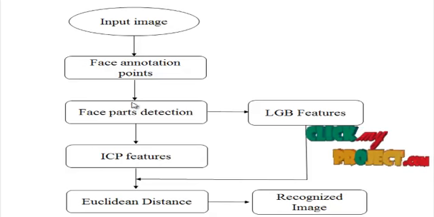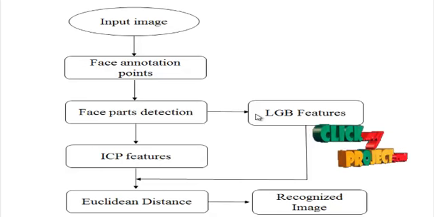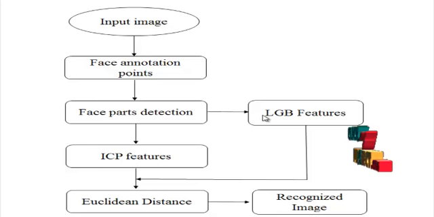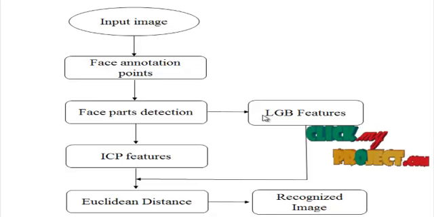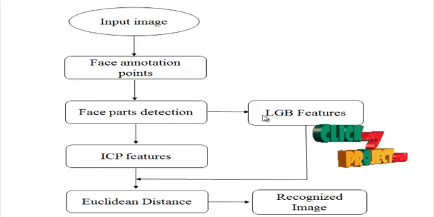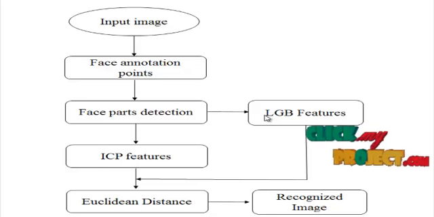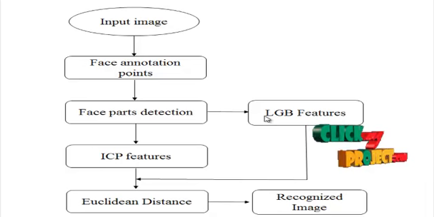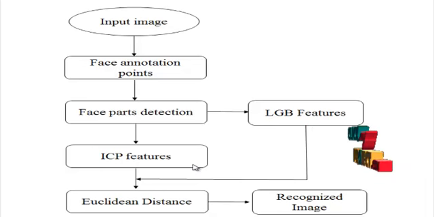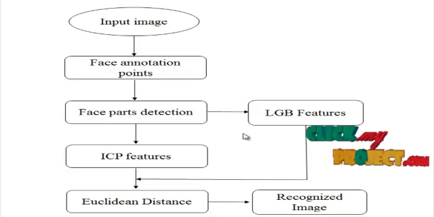Then, for each face part, the local gradient pattern features are extracted. The local gradient pattern features identify the textures in the images. The extracted texture coefficients and the registered points are used as the features for the process.